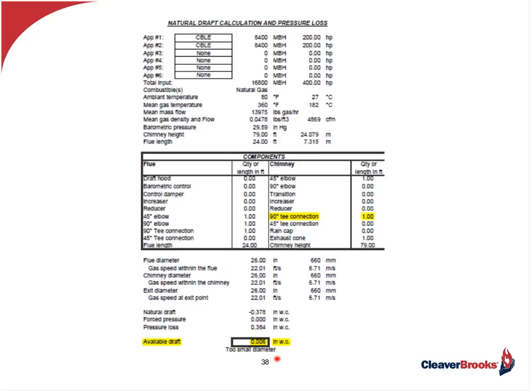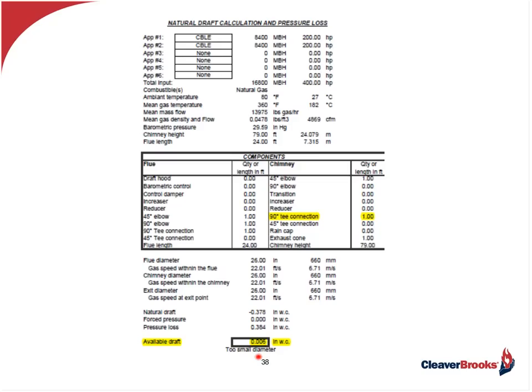Now, it's a pretty small amount above zero, but still our calculation is showing that as too small of a diameter. We want to aid in the evacuation of the exhaust gases, so we're going to size the breeching and chimney to achieve a slight negative draft at the boiler exhaust outlet. In this case, we have a slight positive, so we're going to take a look at this again and see what else we can come up with.